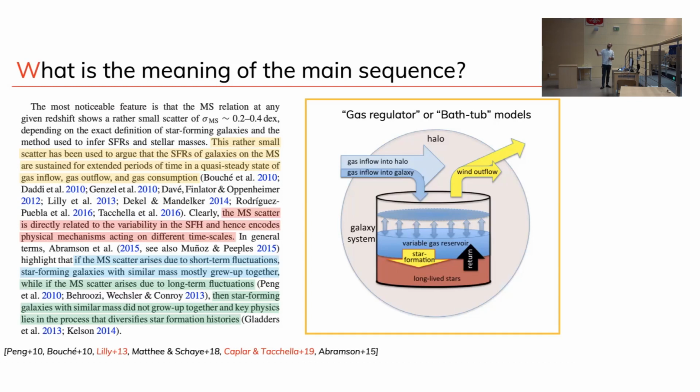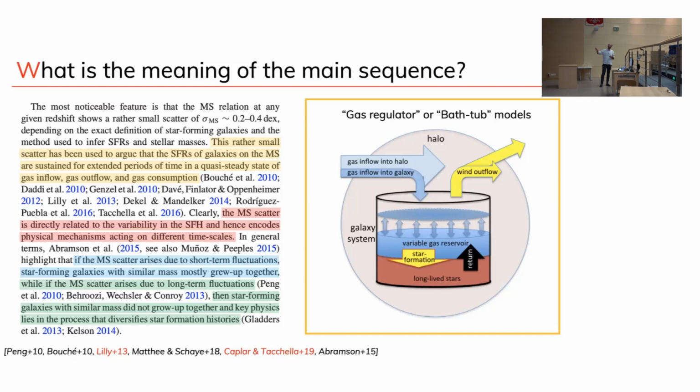And this can actually be put into some equations. Basically, there's a continuity equation between the gas transformation into stars with some return factor. You need to know what is the mass loading factor of the outflow, so how much gas you're losing, if it's metal rich or not.